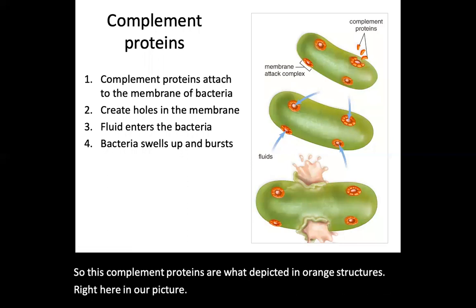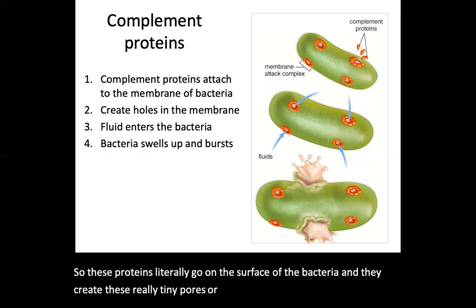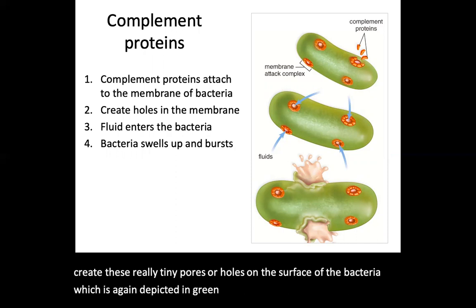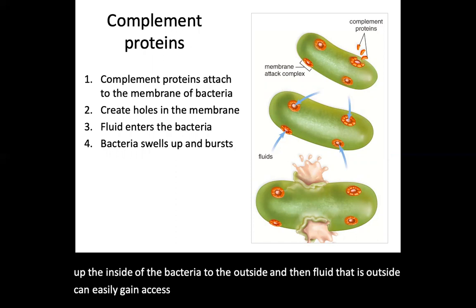These proteins literally go on the surface of the bacteria, and they create really tiny pores or holes on the surface of the bacteria, which is again depicted in green in this picture.